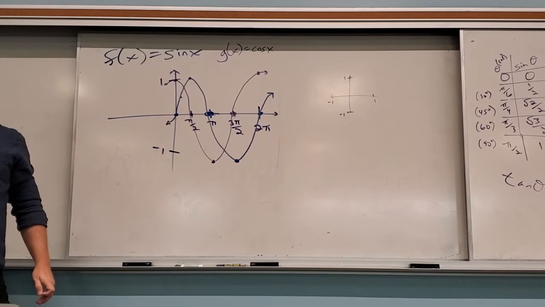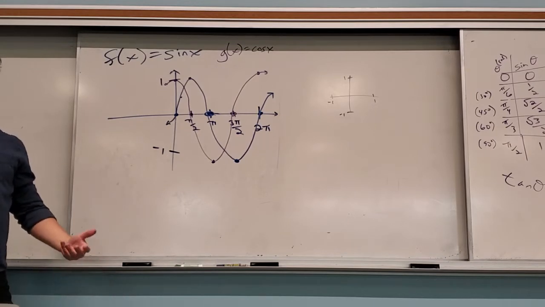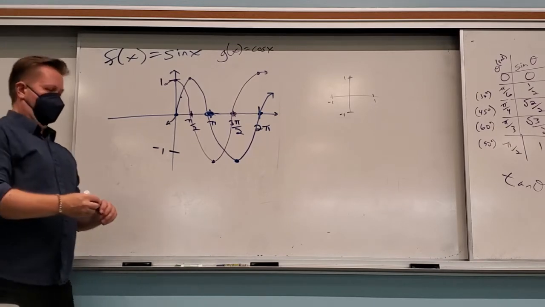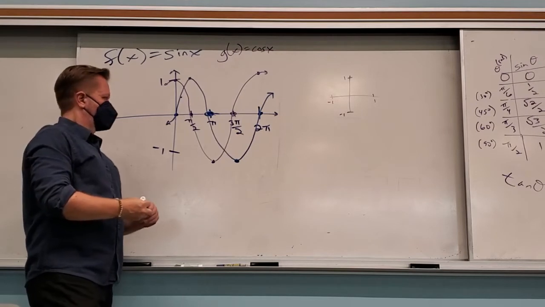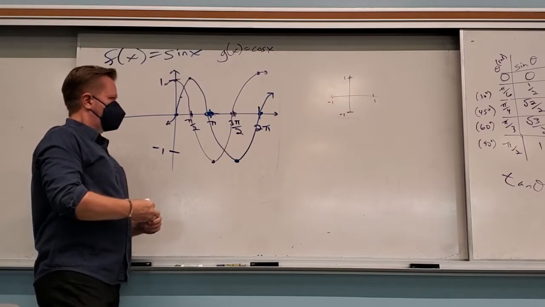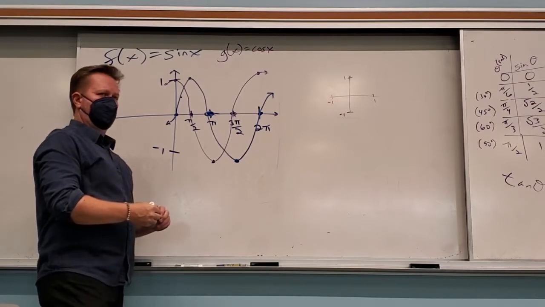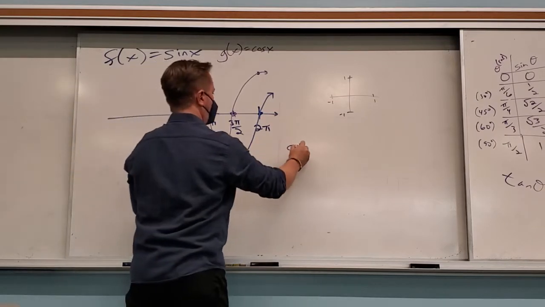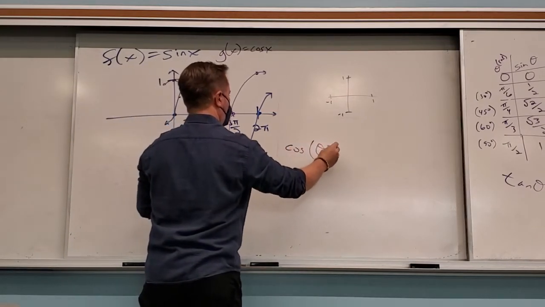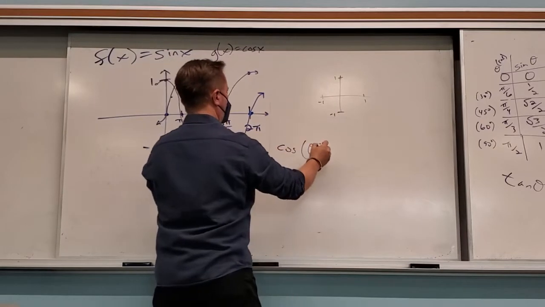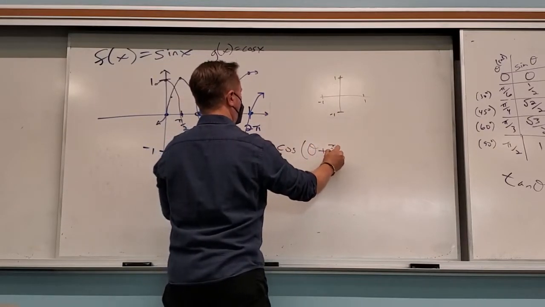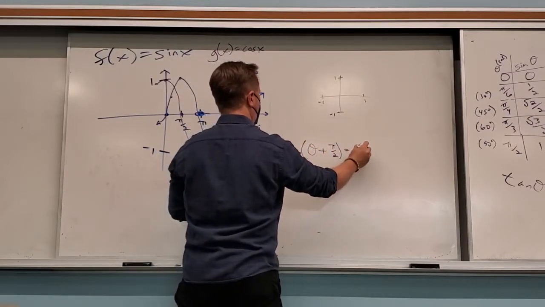How much would I shift it by? So cosine of theta plus pi over 2 is the same thing as sine theta.